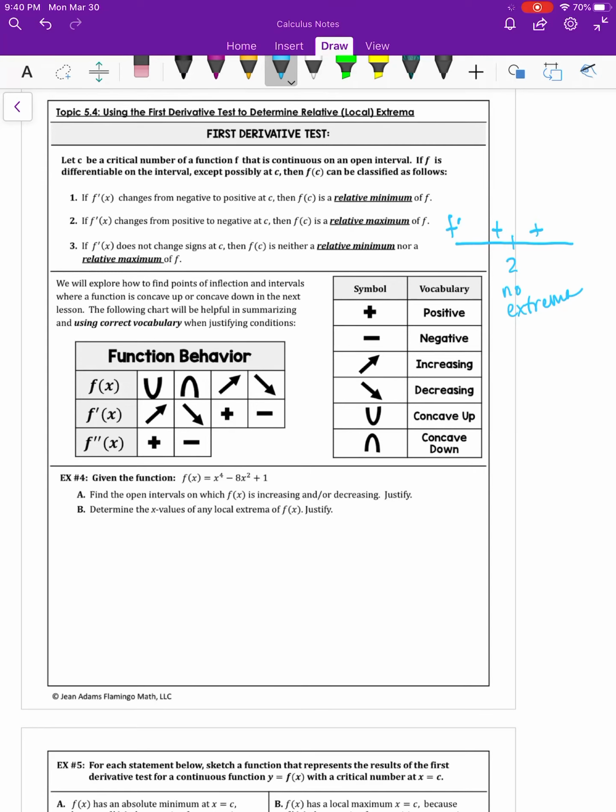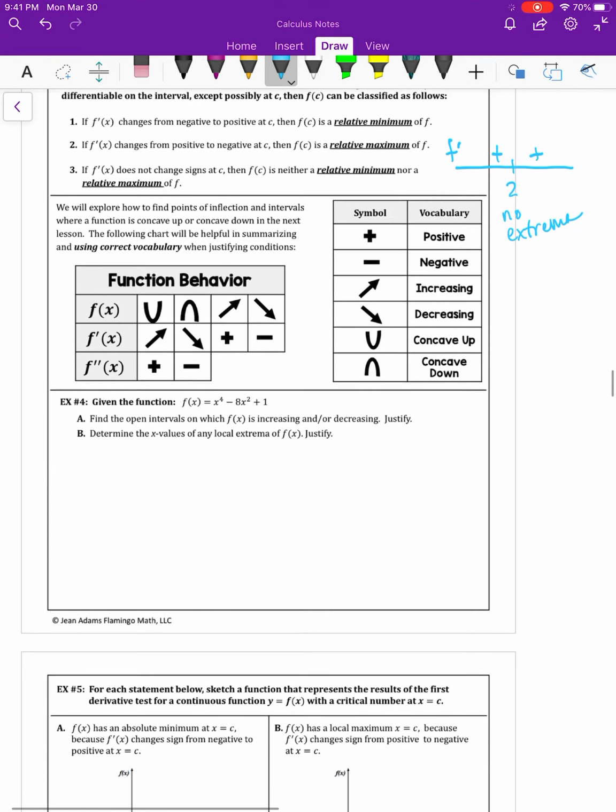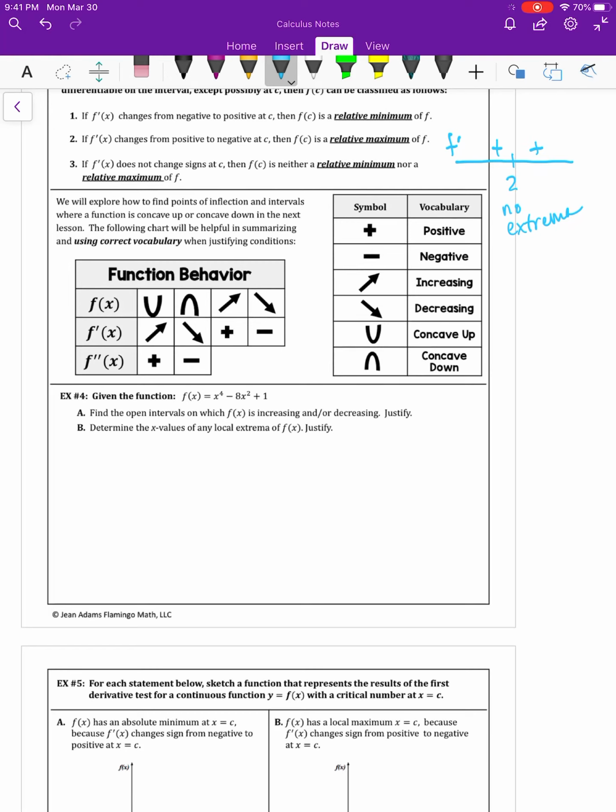Concave down, and you have a decreasing first derivative, you're going to have a negative second derivative. Okay? So if your function is increasing, your first derivative is positive. If your function is decreasing, your first derivative is negative. Okay? And that's just trying to put all this stuff together.